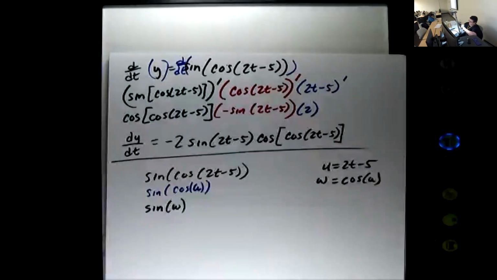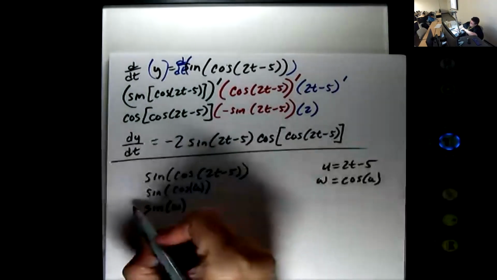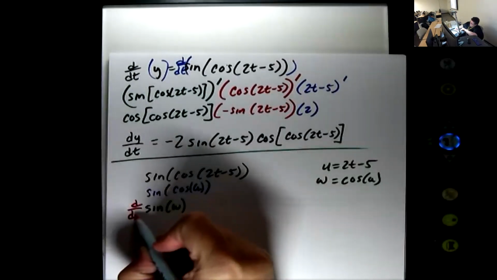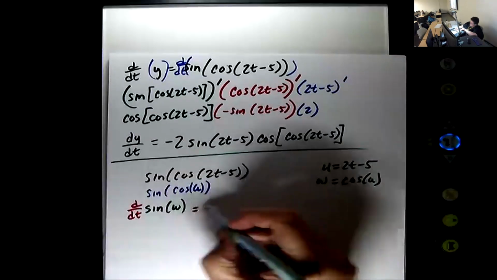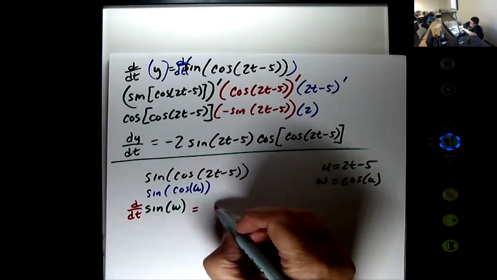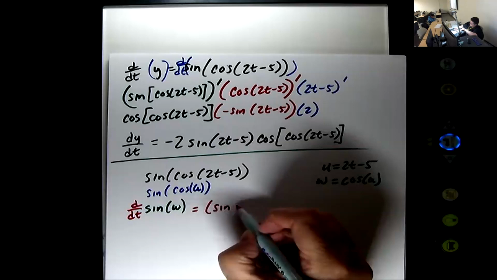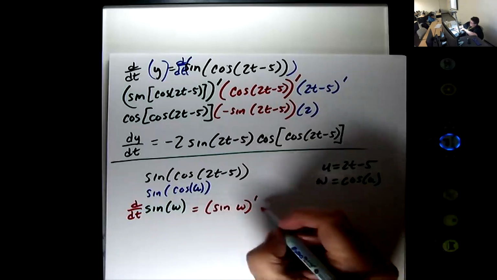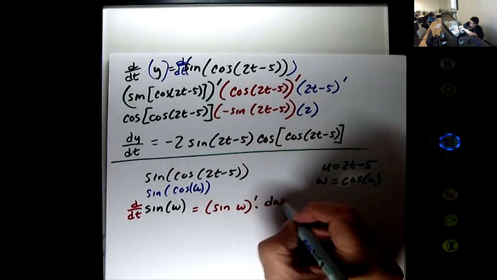When I take the derivative of this, it's the derivative of the sine times dw dt.